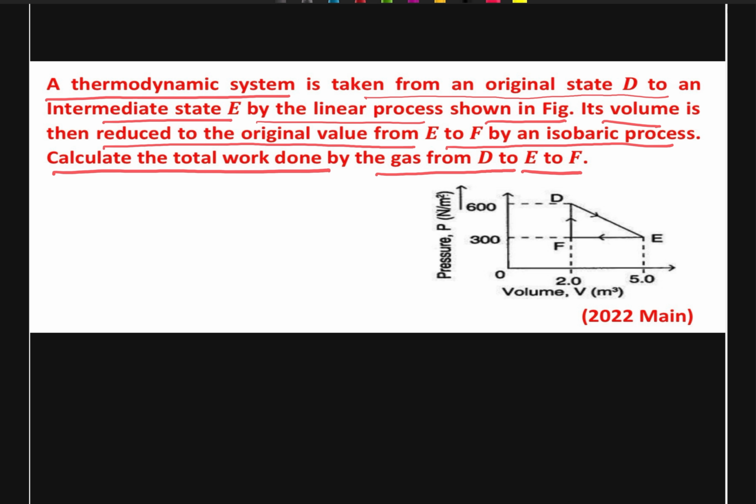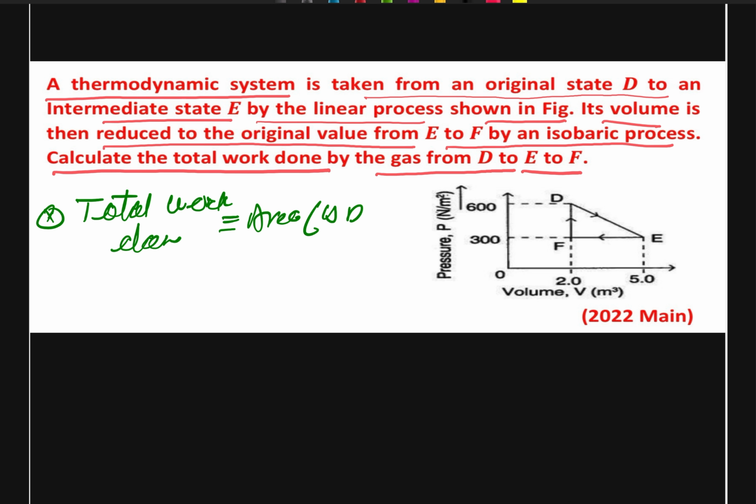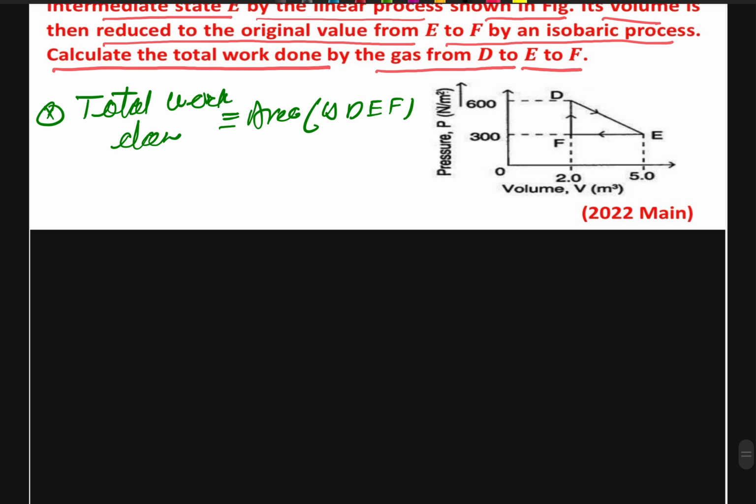So we can say that total work done will be equal to area of triangle DEF, which will be equal to half base into height, that is 5 minus 2 is our 3, and 600 minus 300 is our 300, and this goes by 150.